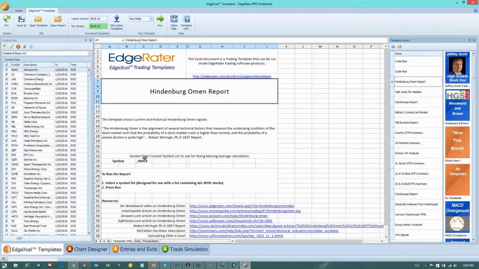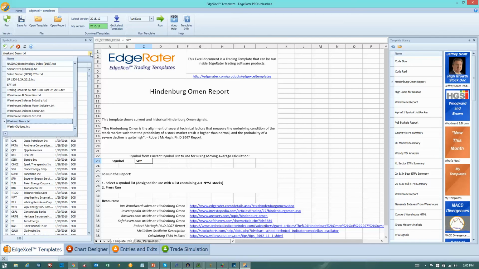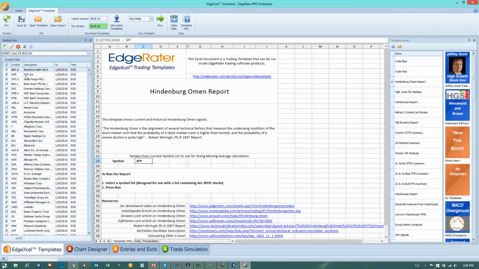Let's do the Hindenburg Omen. So the Hindenburg Omen, there's no reason why it should be positive right now because we're not at a top. And the Hindenburg Omen occurs at the top of a major market, and it signals to me that the pros are selling their shares and running away, and we, the amateurs, are buying them.